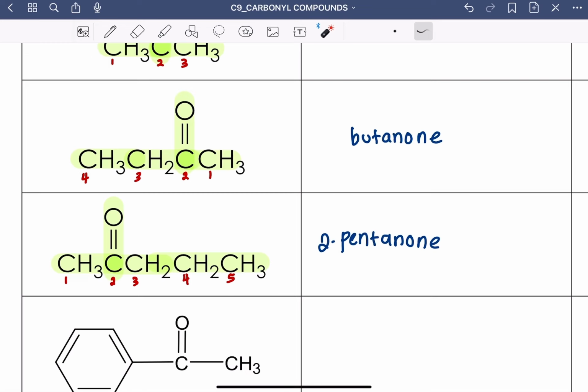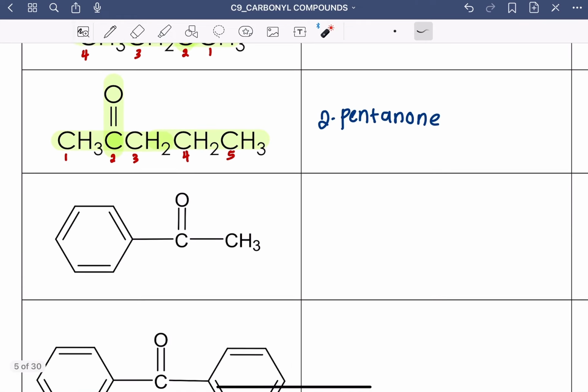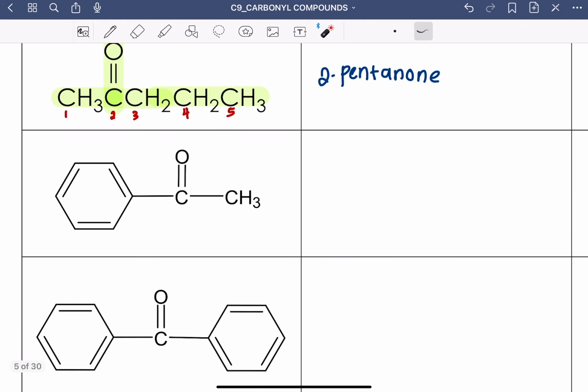But for pentanone, the location of the carbonyl could be at number 2 or could be at number 3. So for pentanone, the possible structure would be 2-pentanone or 3-pentanone. And that's why we need to name it.